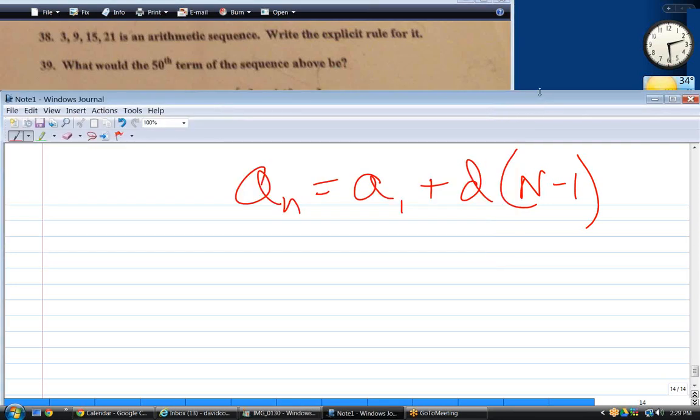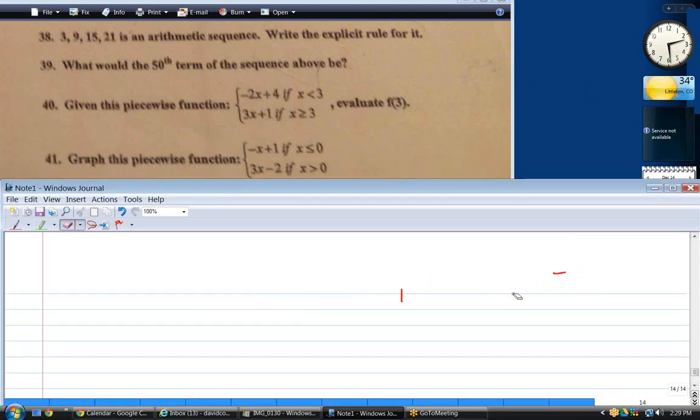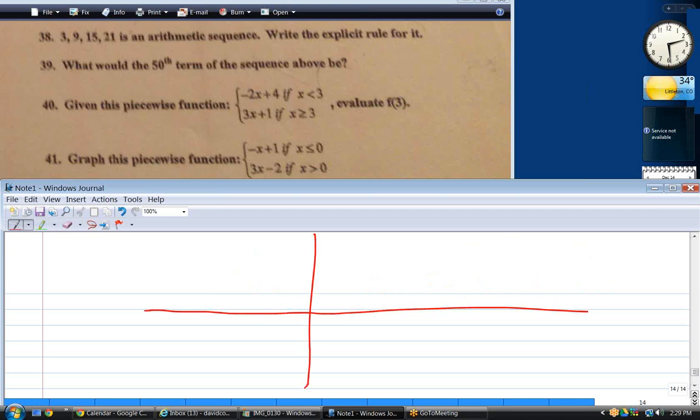When I say where am I going to start, I mean how am I going to approach the problem? I'm going to approach it from left to right. First, I pay attention to this area of the graph because x is less than or equal to 0. That starts at 1, negative slope, and stops right there with a closed circle.